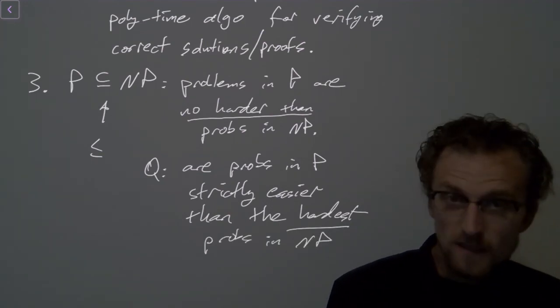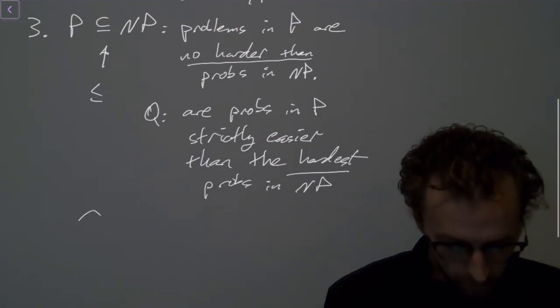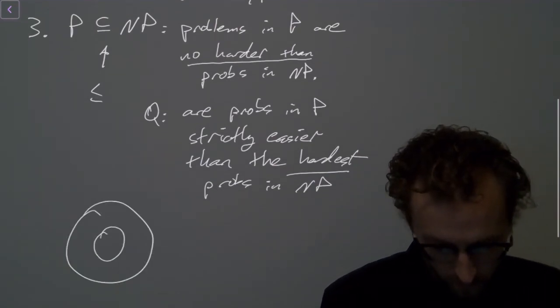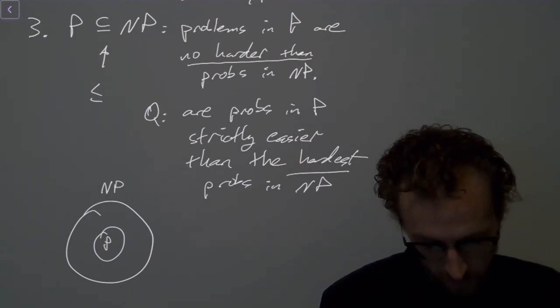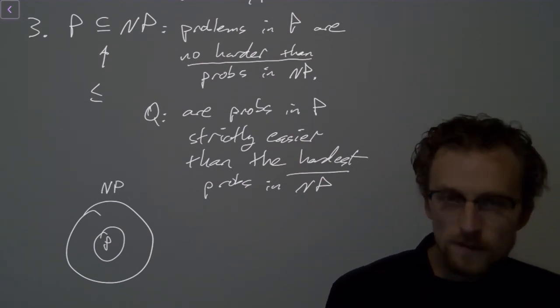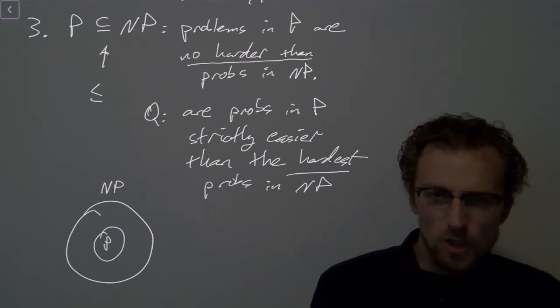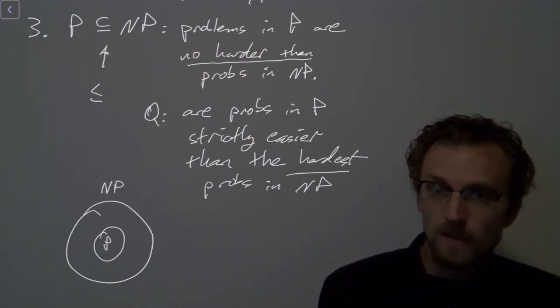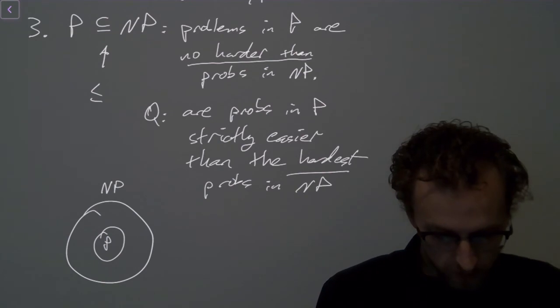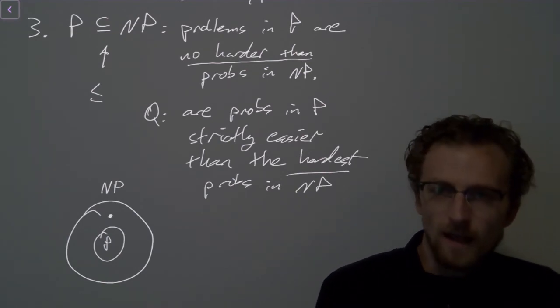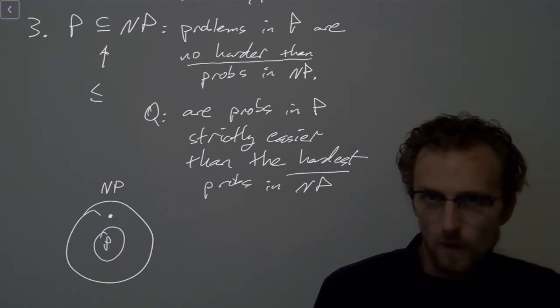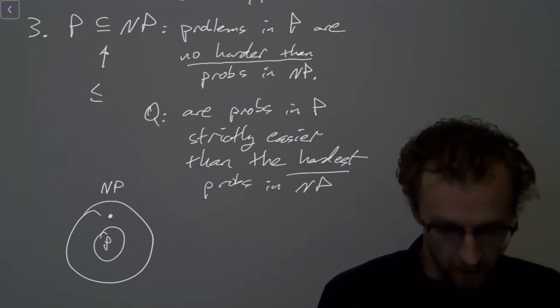Okay, so last time I drew this Venn diagram, where I have P as a small set inside NP. This Venn diagram, which shows a space in between P and NP, would represent an answer of yes to the question that I just asked.